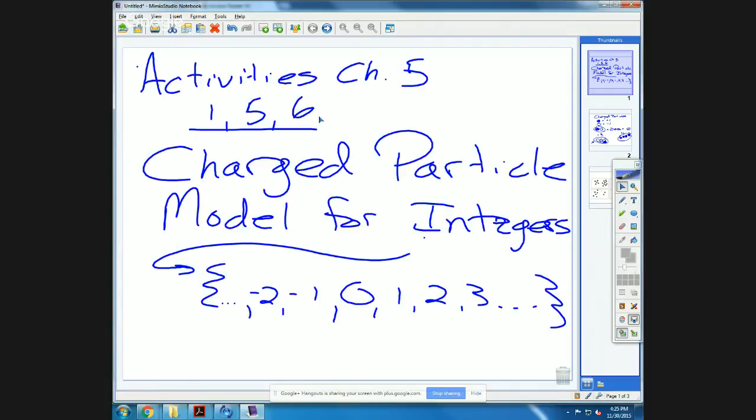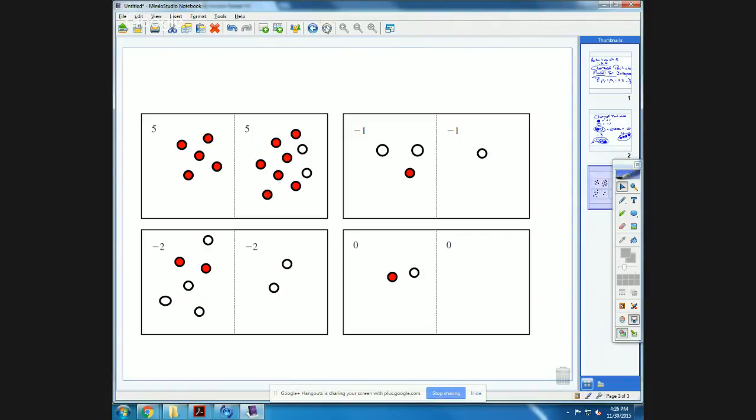Let me remind myself what 5 is. Correct. Absolute value of 0 is 0. One, 5, and 6 are the activities we're doing. 1, 5, and 6. All right.